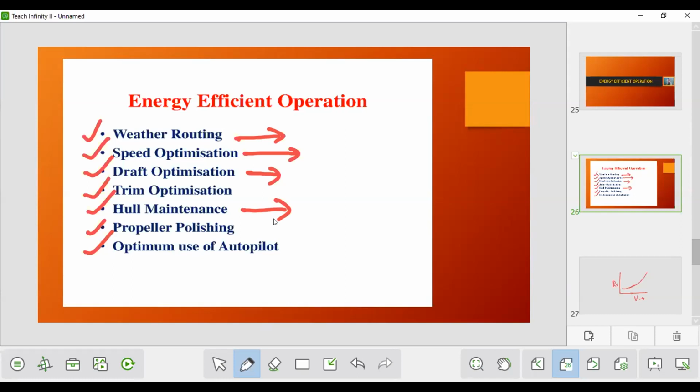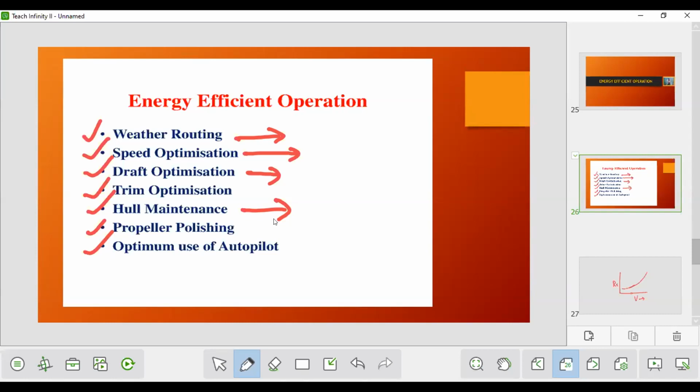Whenever a ship moves, seaweeds and barnacles attach to the hull, thereby the thickness of the hull increases, the draft increases, power consumption increases, and fuel consumption increases. So the idea of hull maintenance is that the hull is smooth so that the drag is less. That is in a nutshell.